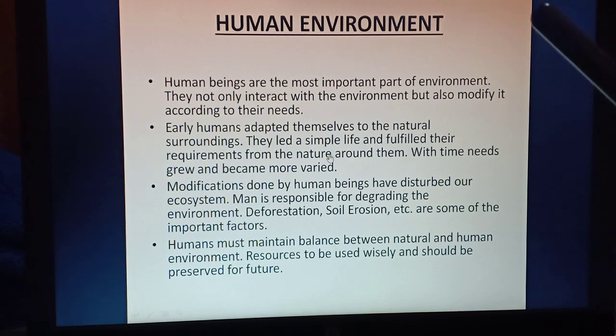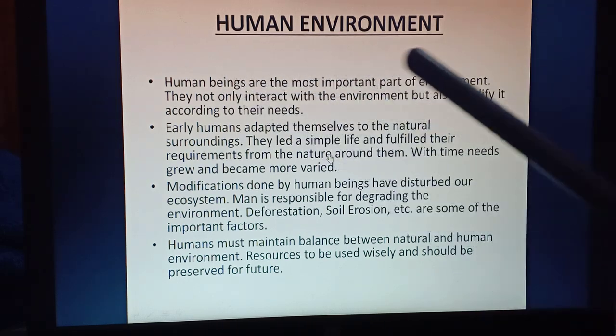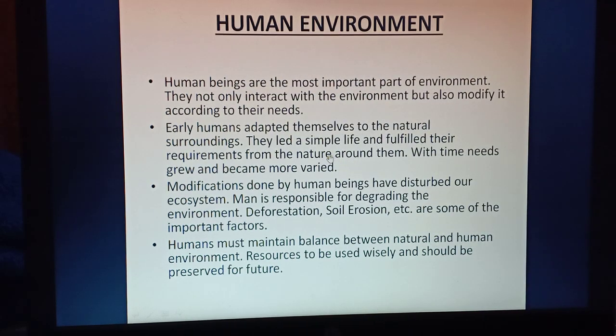The wheel was invented, surplus food was produced, barter system emerged. You all are thinking, what is this barter system? So we will talk about it later. Transportation became faster, information revolution made communication easier and speedy across the world.